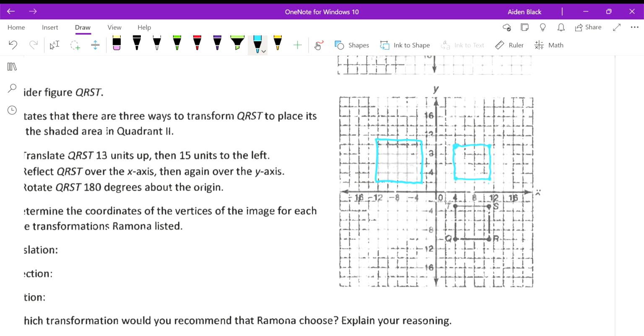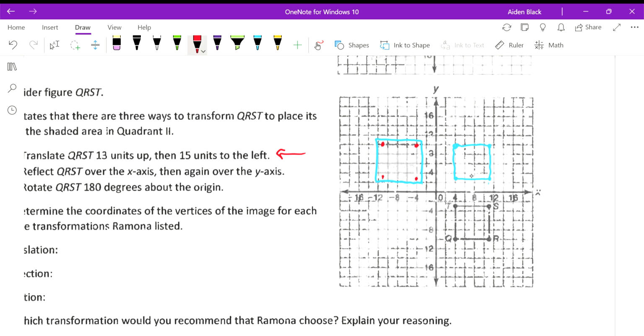We need to go 2, 4, 6, 8, 10, 12, 14, 15 would be right there. And then we'd end up right here. Okay, yeah, it looks like after this transformation we would end up within the boundary we'd need.